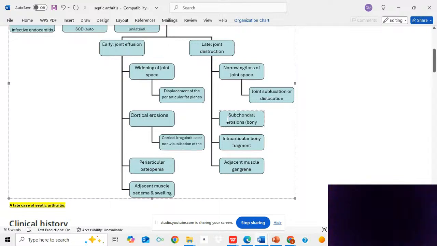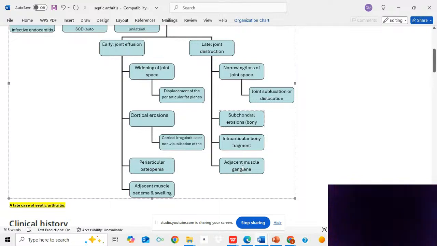However, the destruction here involves the subchondral bone, and subchondral erosion and intra-articular bony fragments could be noted. The adjacent muscle will not show edema and swelling; no, the adjacent muscle here may show gangrene.